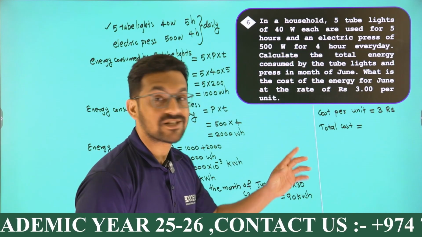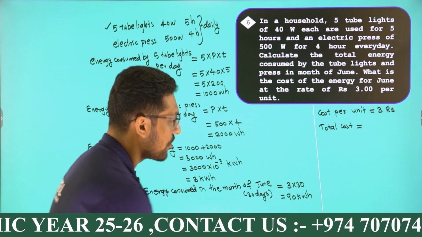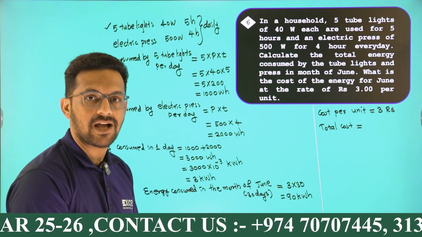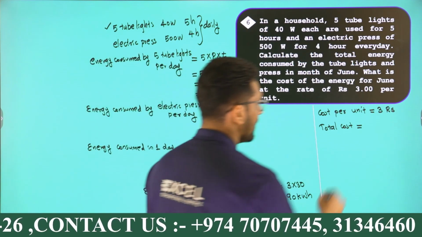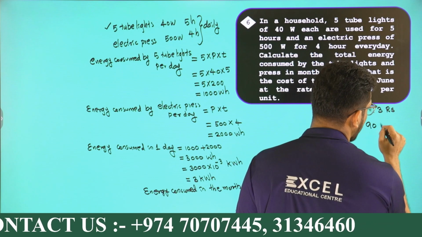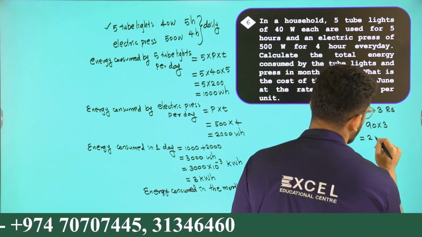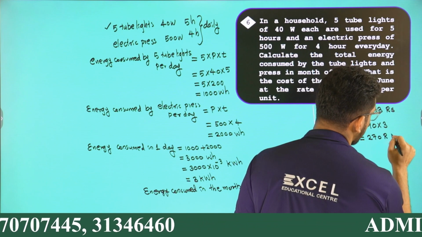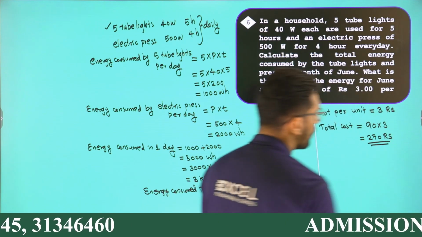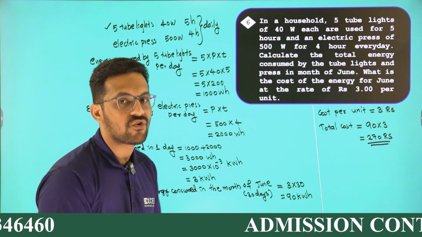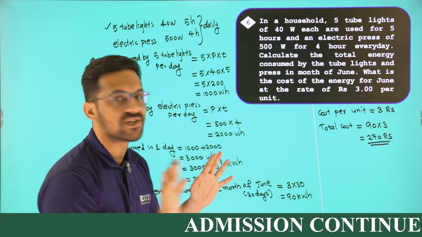For 1 unit, 3 rupees. That means for 90 unit, 90 into 3 rupees. Very simple, right? That will be 270 rupees. So the bill for these electrical equipments for the month of June will be 270 rupees.